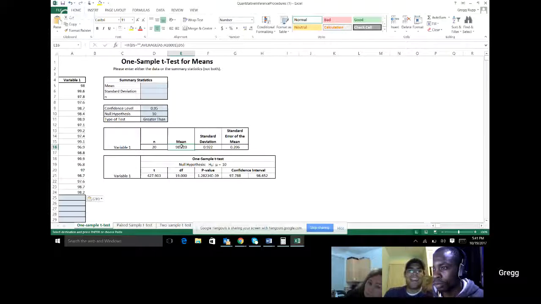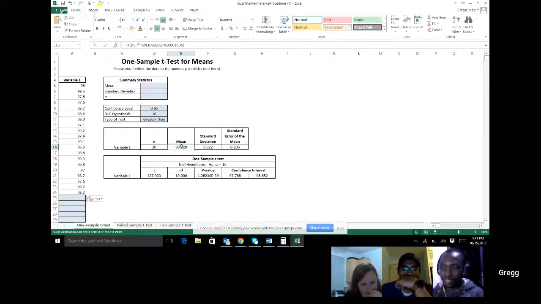No, how do we know that X bar is the mean? Because it's the mean of the sample. We have this sample with all of these numbers, and the mean of this sample will be the X bar. Sample mean? Oh, sample mean.